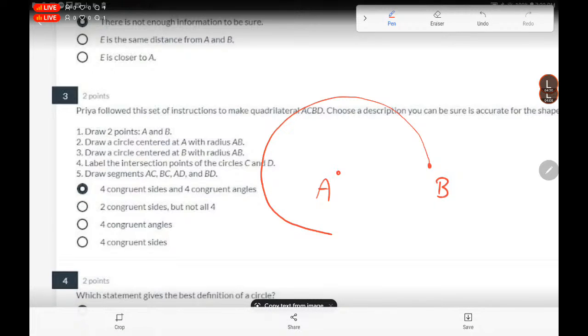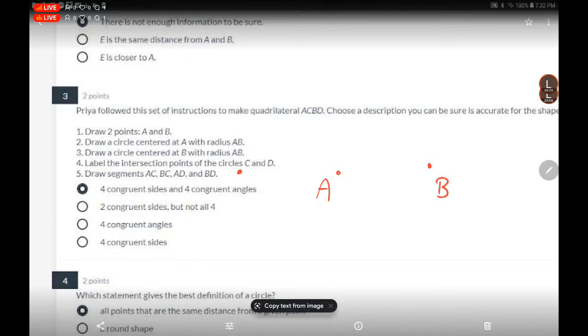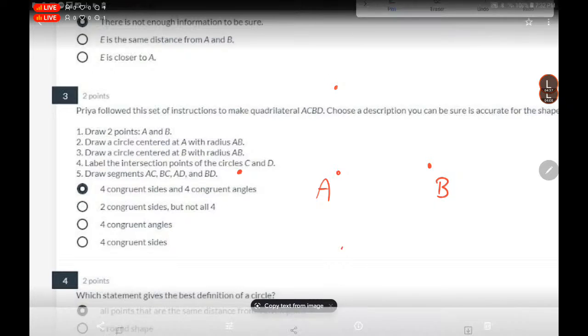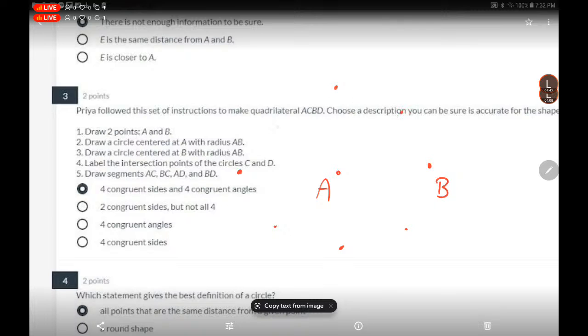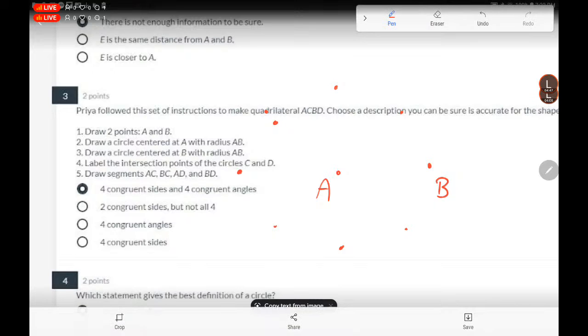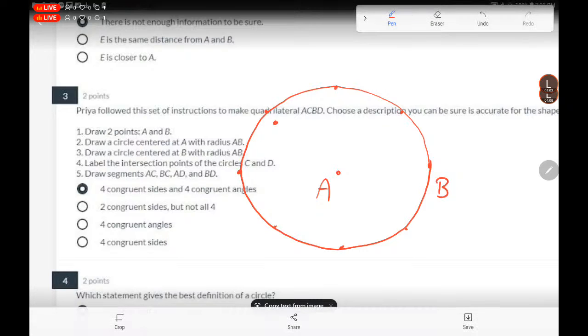Let me try again. So we want to go through here and here and here and here. Oh, no, a little further out. Let's see, centered at A with radius AB. So that's this. There we go.